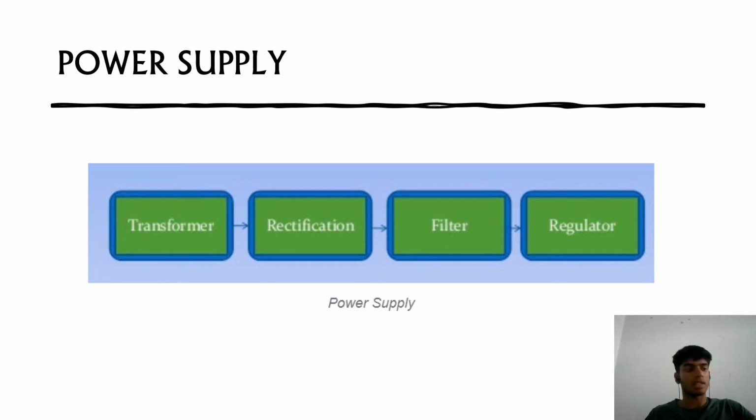Let's get into more of how the power supply works. The power supply has a transformer, which is used to transform 220 volt AC to other voltage levels. Rectification is used to convert the AC voltage to DC voltage, and it can be done with two processes: full wave and half wave rectification.